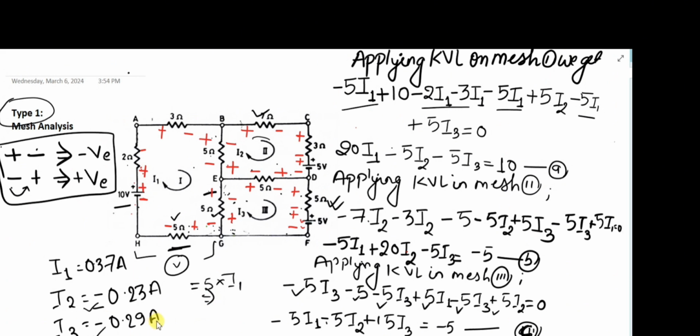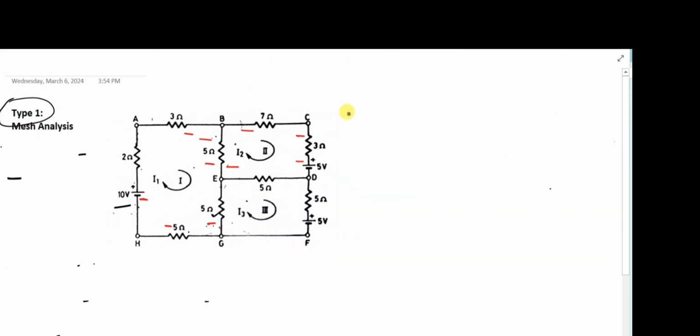And if you are asked to identify the output power, then what will you do? To identify the output power from each source, let me identify the value of all the currents. The output power from the 10 volt source is equals to 10 into I1.